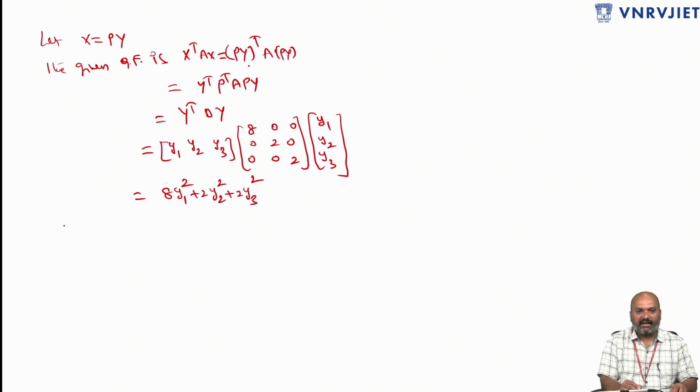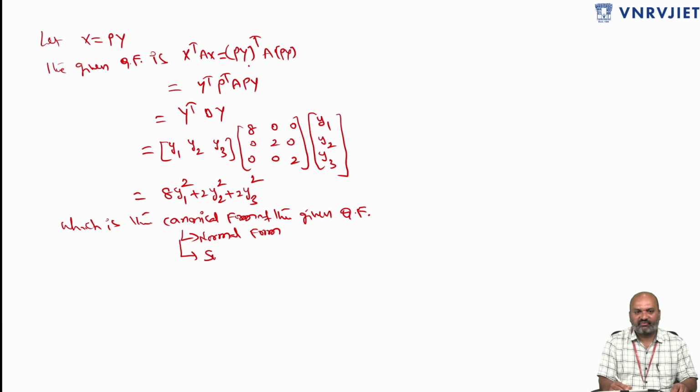This is the canonical form of the given quadratic form, also called the normal form, also called the sum of squares form.